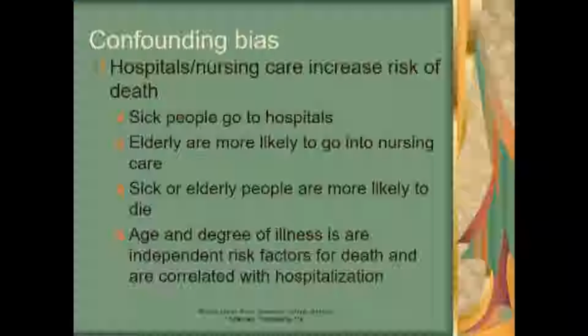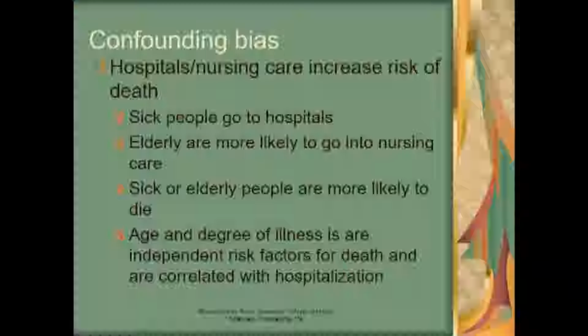What's wrong with the conclusion that hospitals or nursing care increases the risk of death? In other words, hospitals must cause death because more people die in hospitals than almost any other place. Well, obviously you know that is not true, and this is a simple example of confounding. Sick people are more likely to go to hospitals.